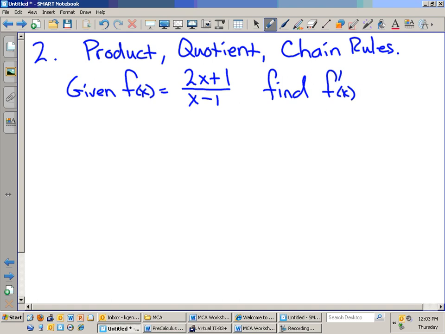Can you do it? Remember the quotient rule as everybody looks backwards. Give it a shot.